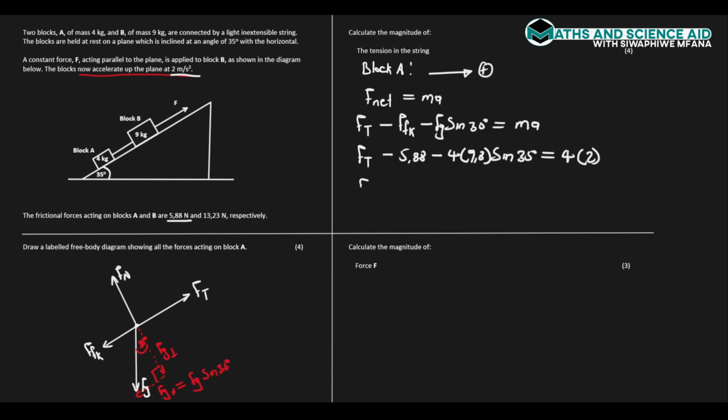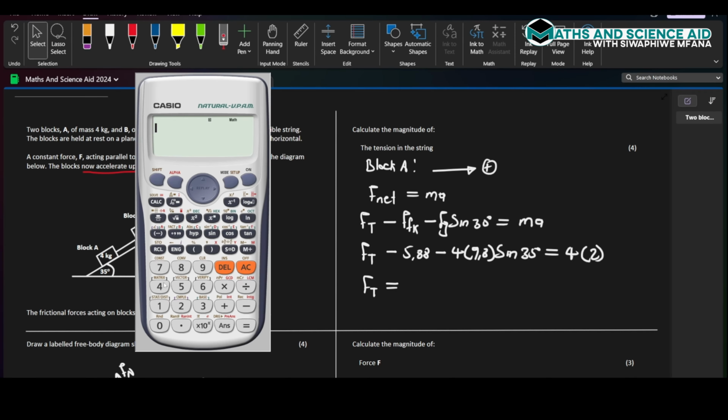And now the last thing that we need to do is mathematics. We simply need to sum up all of these constant terms, and I'm gonna do that using a calculator. So we have 4 multiplied by 2 on the right hand side, and then I am going to transpose all the constant terms that are on the left hand side to the right hand side. So their signs will change to positive.